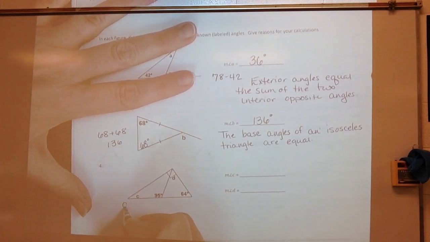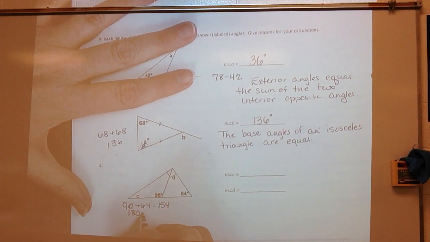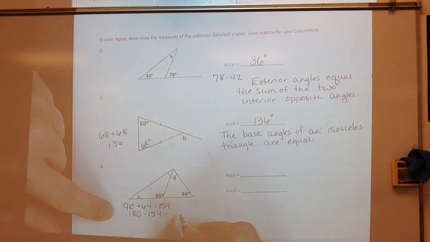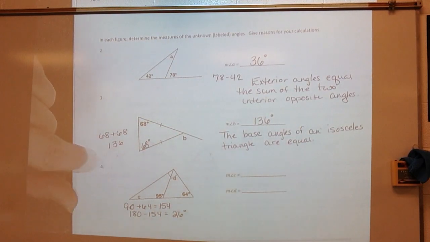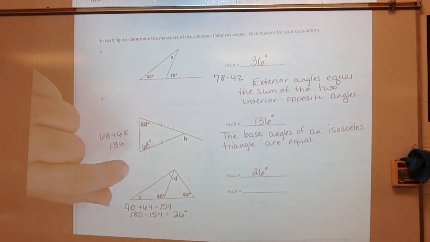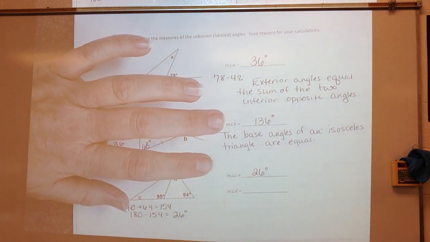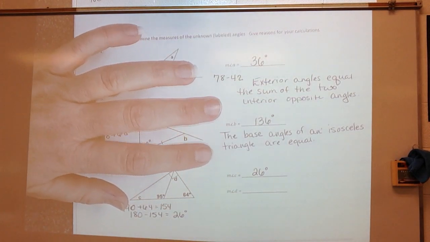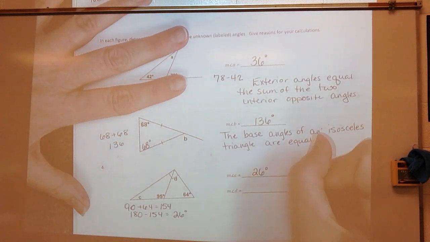Well, 90 plus 64 is 154. All three angles would equal 180. And that would give me 26 degrees. So the measure of angle C is 26 degrees, because the sum of the angles measures 180 degrees.